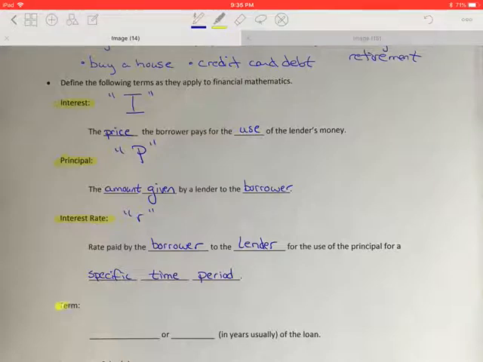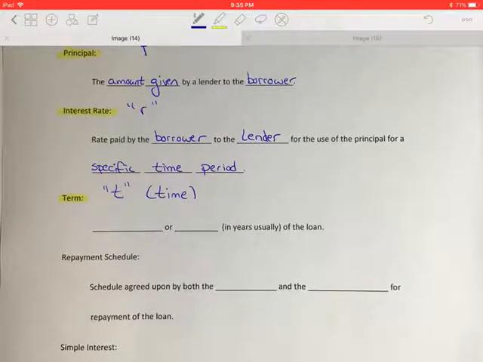So speaking of time, that gets us to term. So you can think of term also as time, which is handy since they both start with the same letter. And this is going to be the duration or life in years usually of the loan.